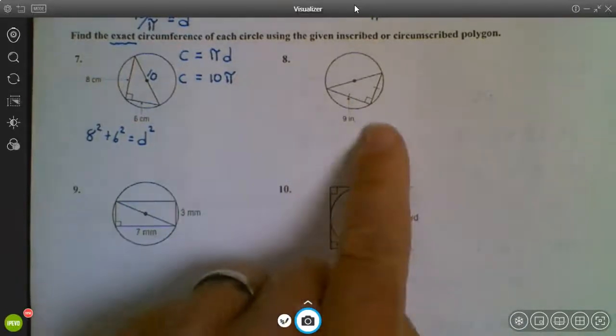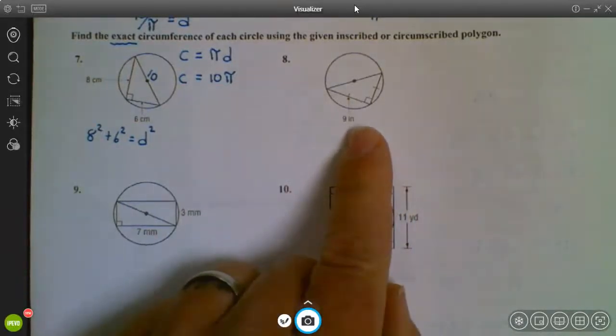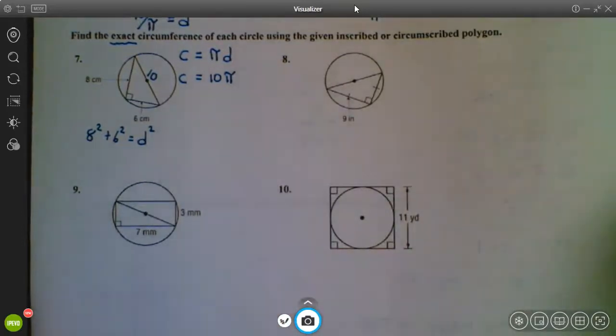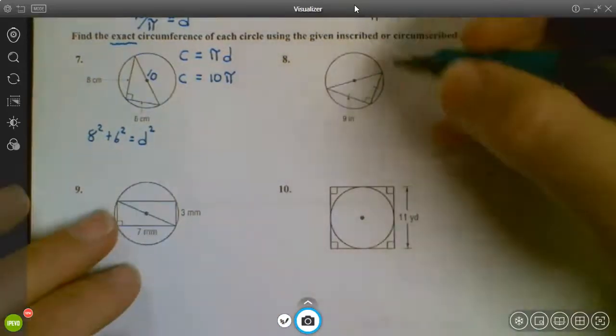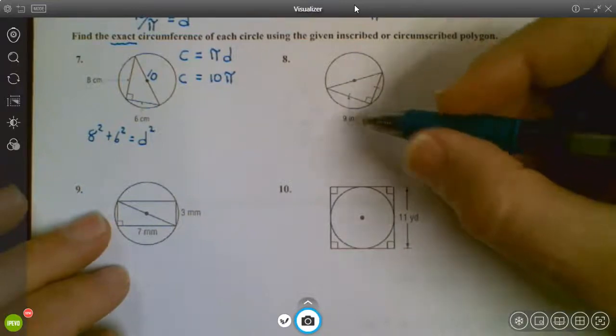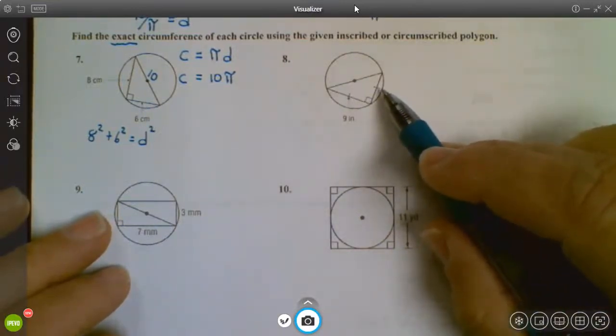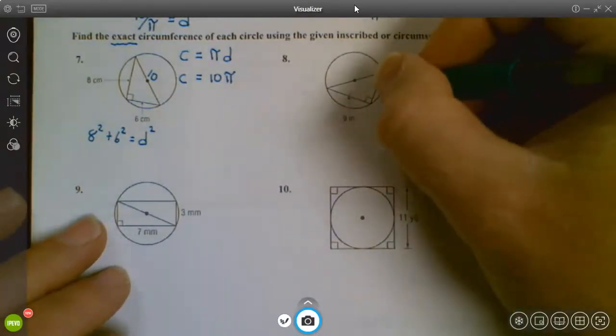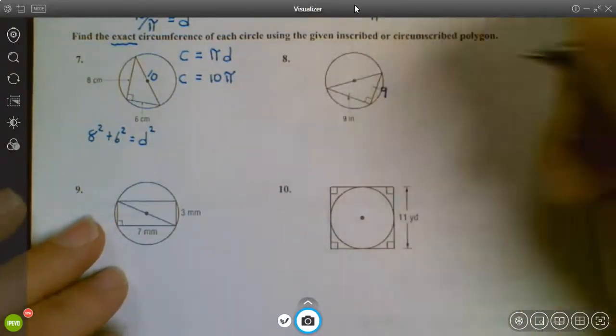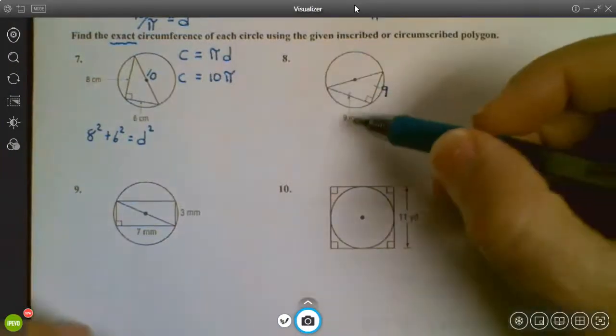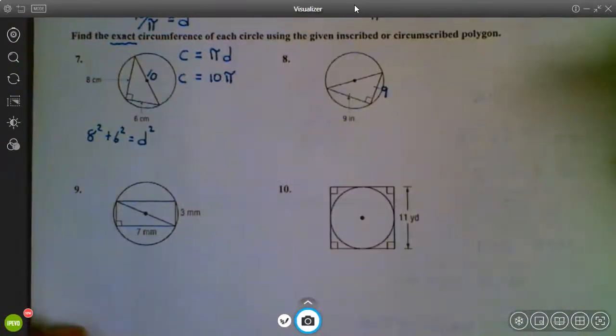All right, let's try it on this one. Here's a very similar one if you want to give this one a shot. Guys, you'll notice on this one that this is 9, and based on that mark, this one is also 9. So what kind of right triangle must this be if my two legs are equal?